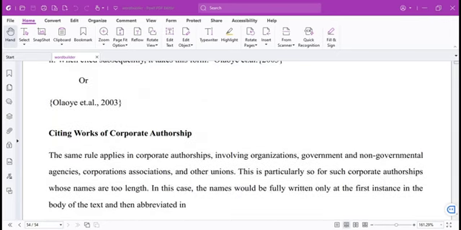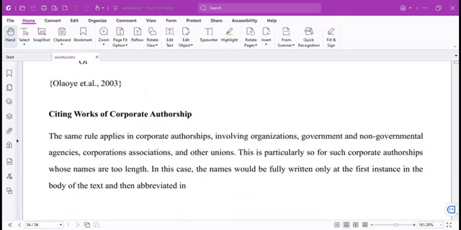Okay. Citing works of corporate authorship. The same rule applies in corporate authorship. These same rules we've talked about, whether it's personal or corporate, the same rule applies to all of them. It applies in corporate authorship, involving organizations, government and non-governmental agencies, corporations, associations, and other unions.